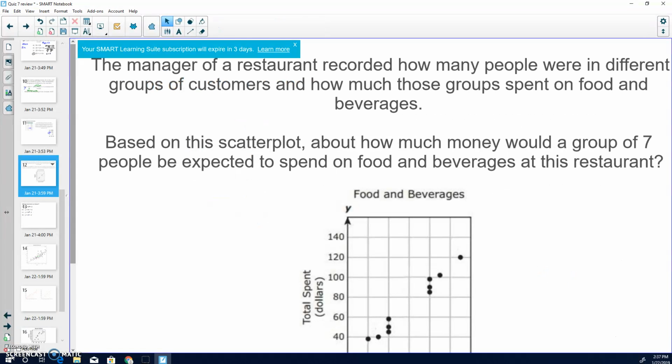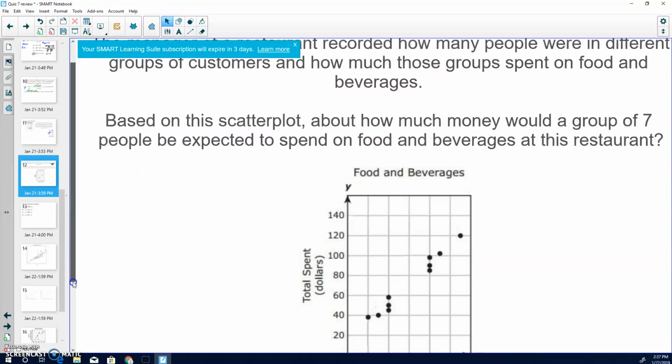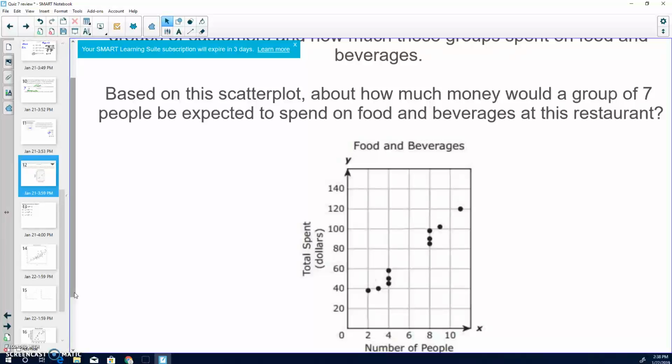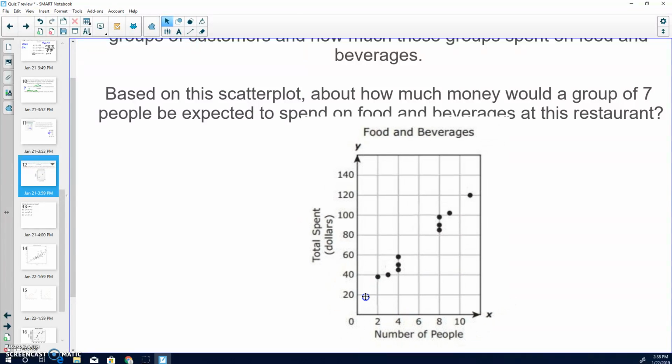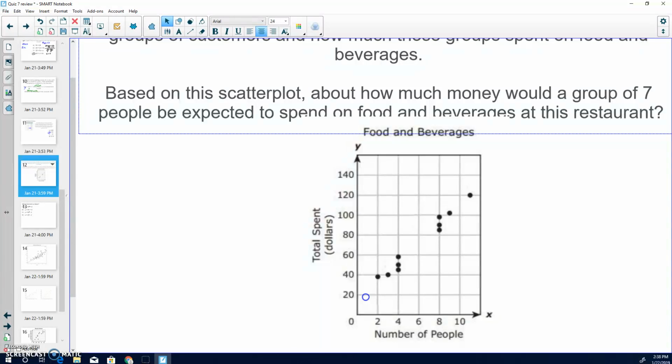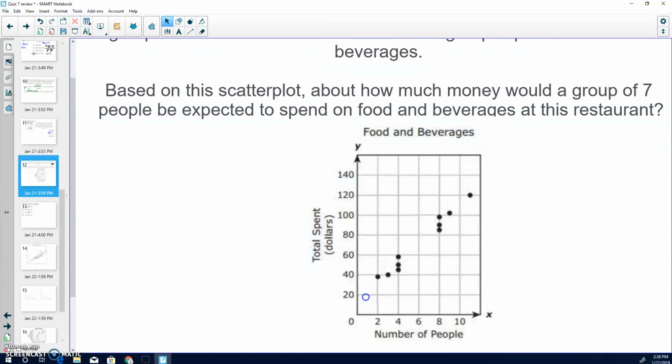The manager of a restaurant reported how many people were in different groups of customers and how much those groups spent on food and beverages. Based on this scatter plot, how much money would a group of 7 people be expected to spend? When they give you a scatter plot, you have to make a line of best fit.